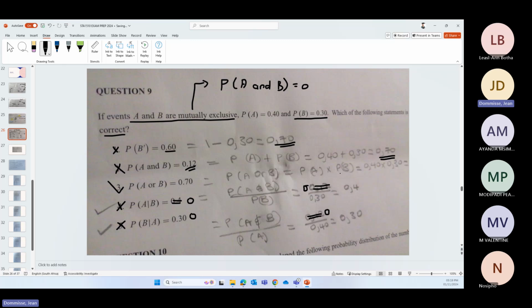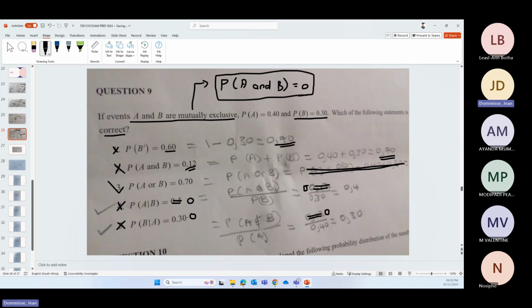So very important in this one, because they said A and B are mutually exclusive, the AND is automatically 0. So then you don't need to still work it out with the probability of A times the probability of B. You don't need to do that, because the probability of A and B is 0.